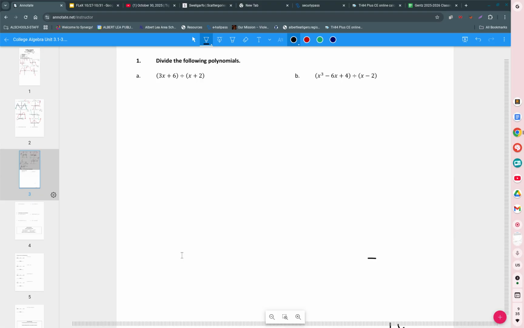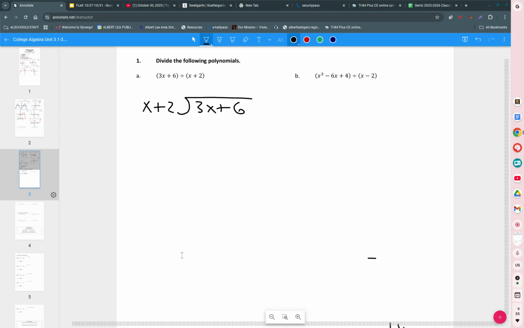Okay? X plus 2 goes into 3x plus 6. I'm not going to spend a lot of time on this, but I want you to get exposed to the long division piece because we still have one piece I want you to quickly see after this. This is a binomial. I have to see it fit into another binomial.